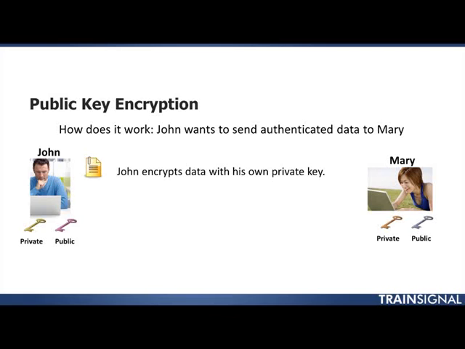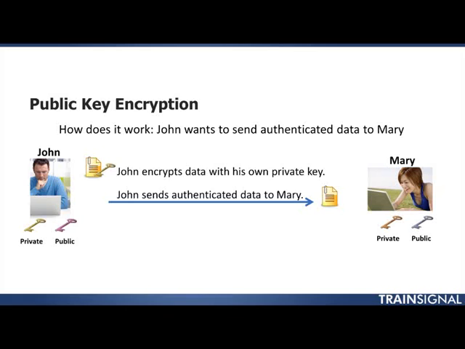What John is going to do is he's going to encrypt the data with his own private key. He's going to take his own private key, encrypt that data, and send that data over to Mary. Now, when Mary gets it, she's only going to be able to access it by using what key? You have to use the matching paired key. So what key would that be?